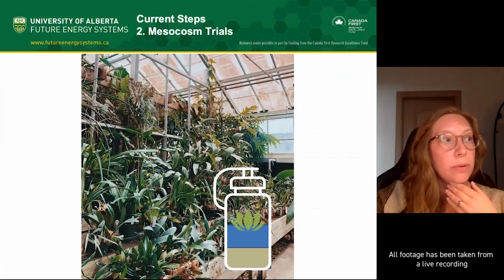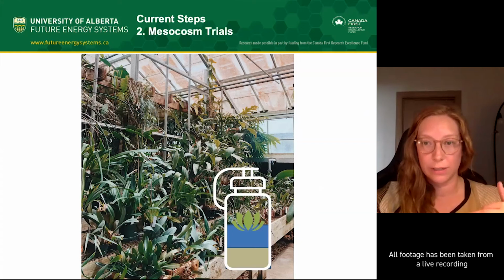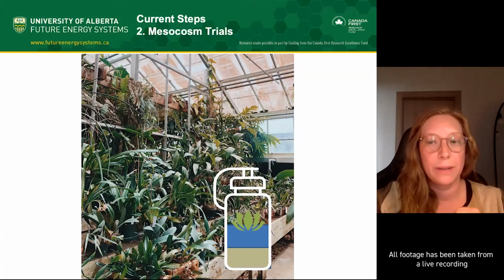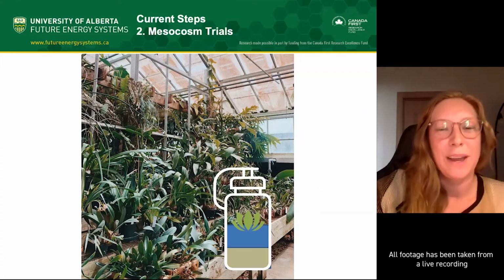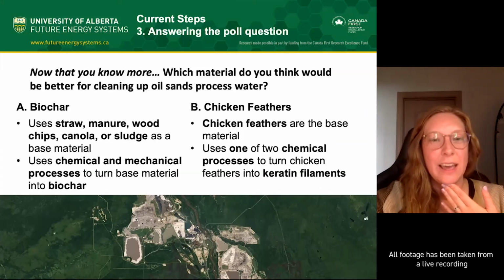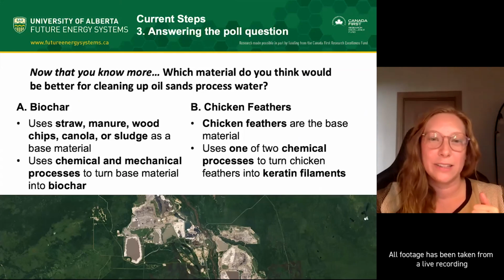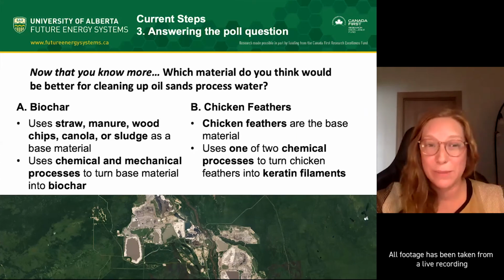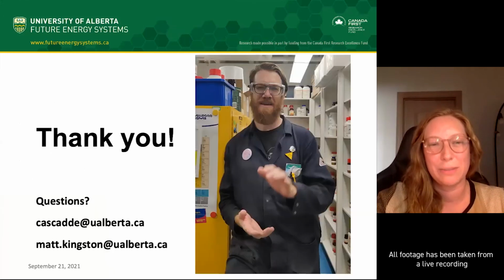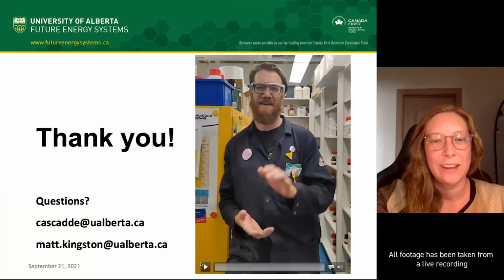We're hoping to move forward and get some more detailed information from mesocosm trials that might be happening very soon, so we can get more detailed information to put into that OpenLCA analysis. And ultimately, our goal here is to answer this question that we asked you: what material is going to be better for cleaning up oil sands process water? And to do that, if we understand the whole material process, hopefully we'll be in a good position to answer that question. So thanks so much.